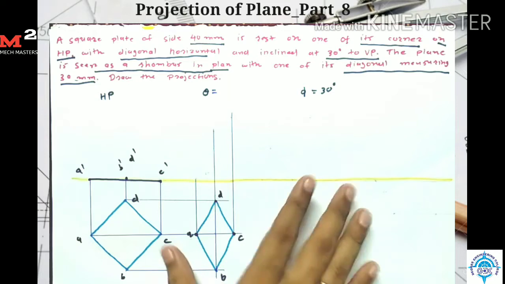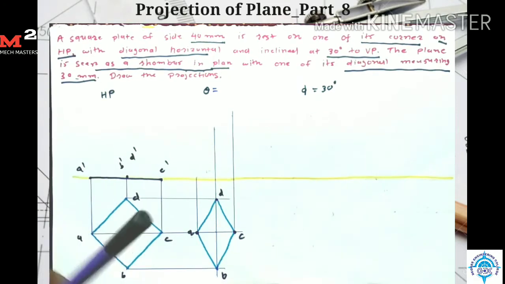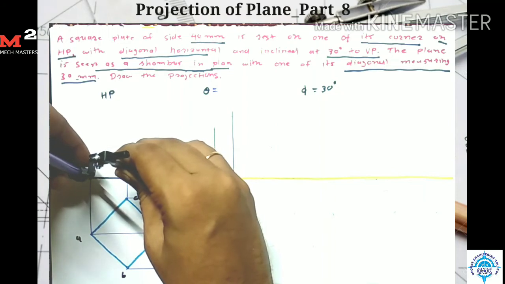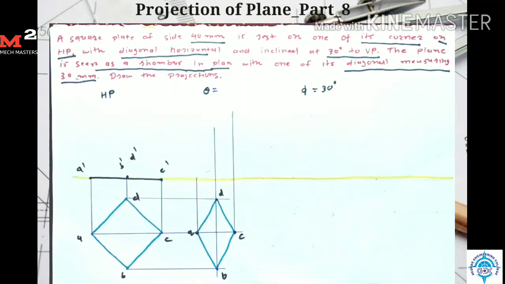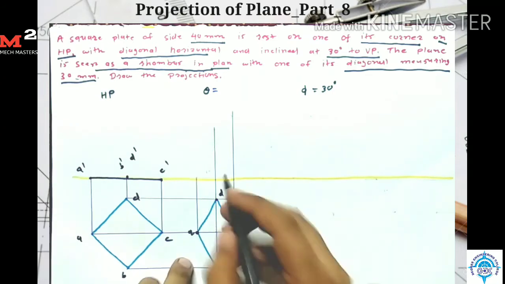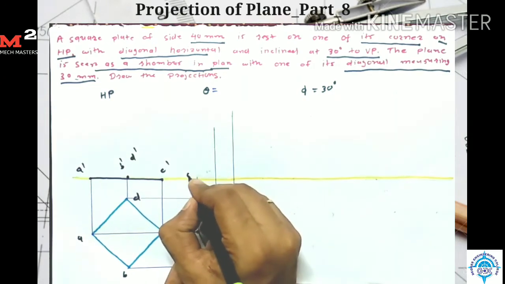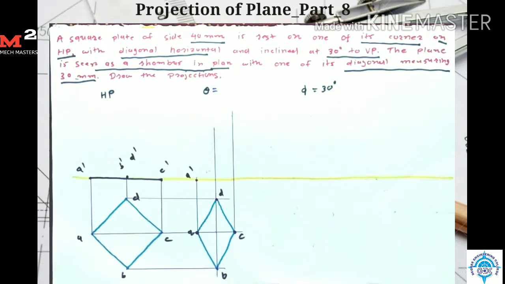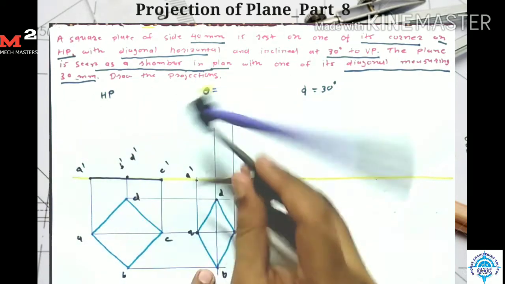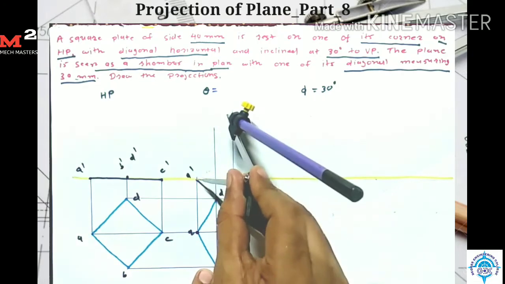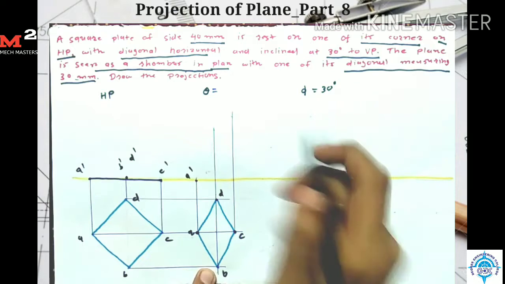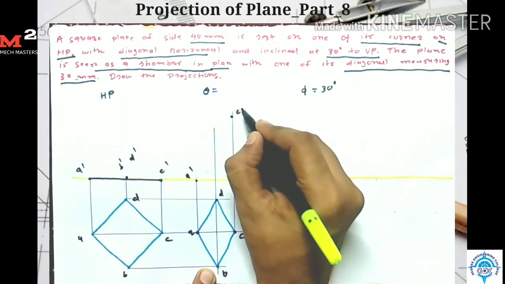Okay, so I take A dash C dash as a radius. Okay, plane is resting on A dash corner. Okay, so point A is always on this reference line. So here I mark the point A dash. Okay, now for point C, I take A dash C as a radius and A as a center. Draw one arc which intersects the projection line of C here. So here I get my point C dash.